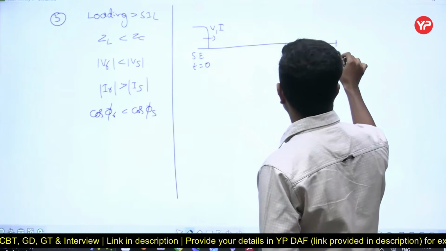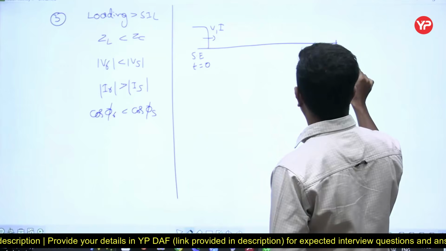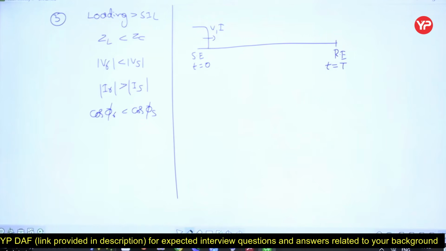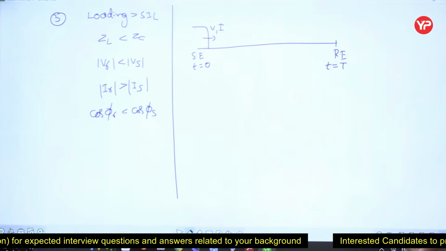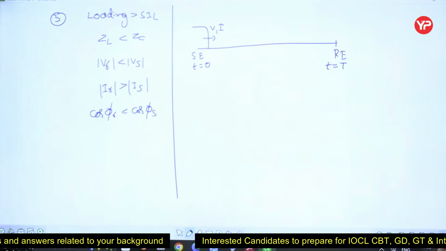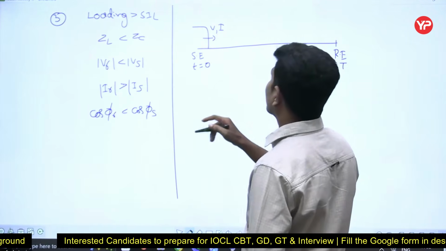Now this is the receiving end side, right? When your time is exactly equal to capital T, capital T is the time taken for the waves to move from one end to the other end completely. Means voltage and current waves are present at t equal to 0 at the sending end. When t is equal to capital T, those will reach the receiving end, again from receiving end to sending end.